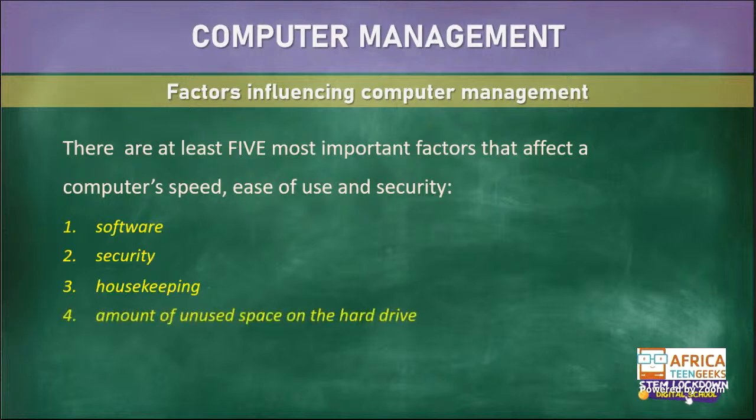Then number 4, we are also going to look at how the amount of unused space on the hard drive affects the performance of the computer. And then lastly, we are going to look at errors and corrupt files. How do corrupted files affect your computer? How do they affect the programs?